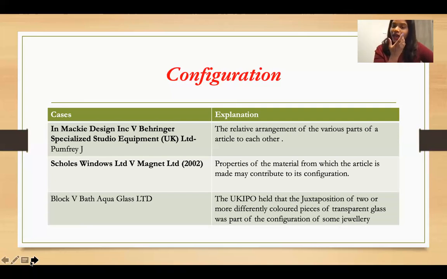We still have Mackie here, the same case that explained shape. Under configuration, any arrangement of parts put together in an article, in relation to each other, to make one design, then your design or your product or your article will automatically be under unregistered design rights.